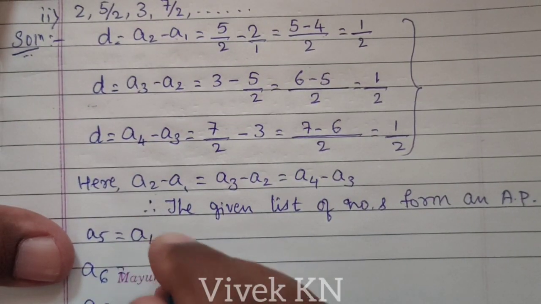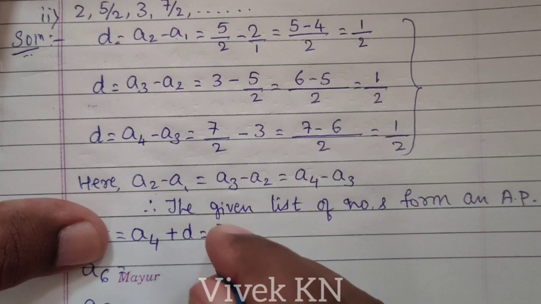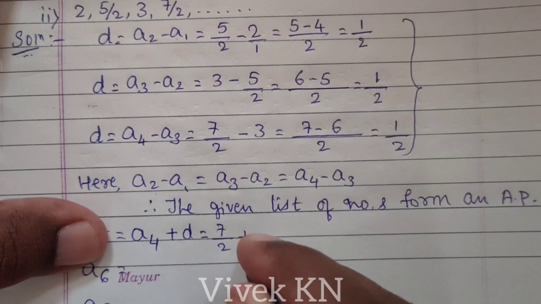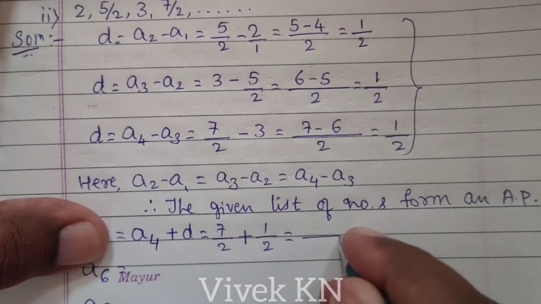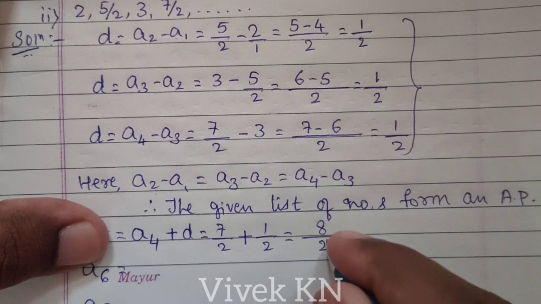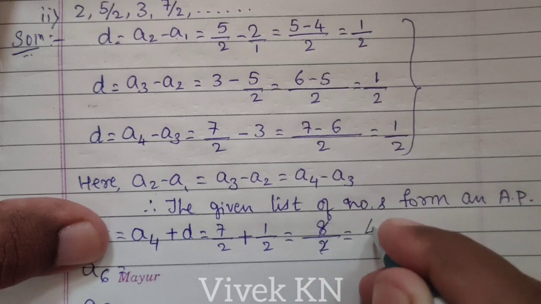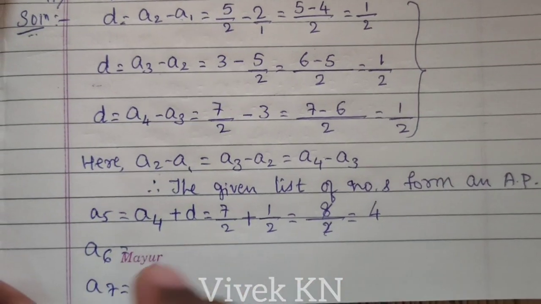A5 is nothing but A4 plus d. A4 is 7 by 2 plus common difference is 1 by 2. Adding these two terms we get 8 by 2, that is 2 ones are 2, 2 fours are 8. The fifth term is 4.